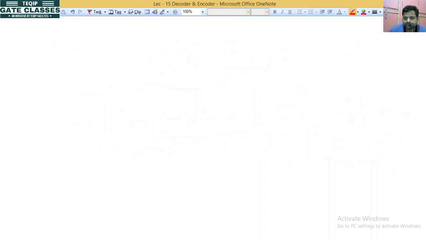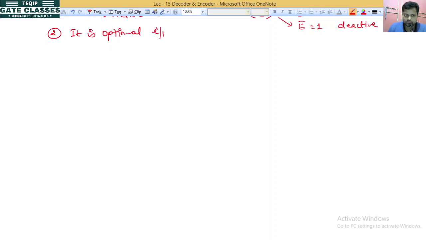Now the second point for enable input is that it is optional. ये जो इनेबल इनपुट है it is optional, सो ये कंपलसरी नहीं है कि सर्किट में आपको लगाना ही लगाना है, always remember this. Now we are going to study the first basic decoder, that will be the 2x4 decoder.